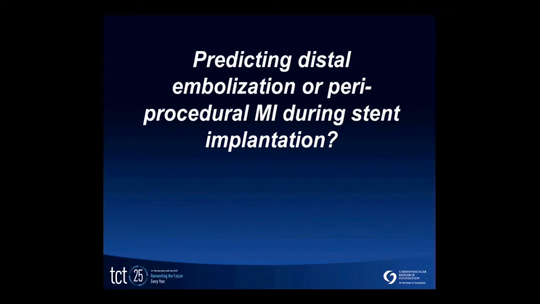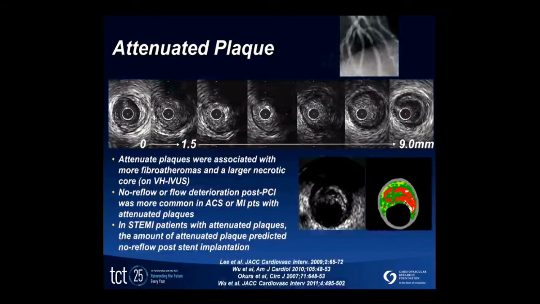They're not identifying or attempting to identify lesions that have a high potential for distal embolization. And there are a number of techniques to do this. Grayscale IVUS, looking at attenuated plaque. This is plaque that is not echo-reflective, but the ultrasound does not penetrate to the adventitia, and this is consistent with a lot of necrotic core, both using virtual histology, but also using histopathology.